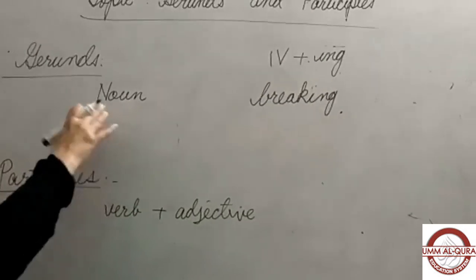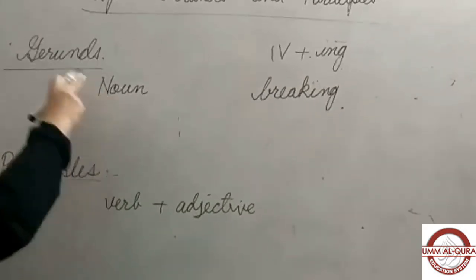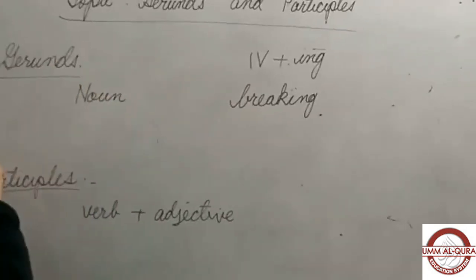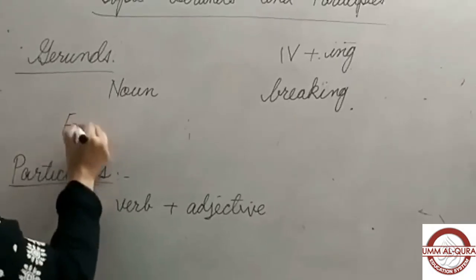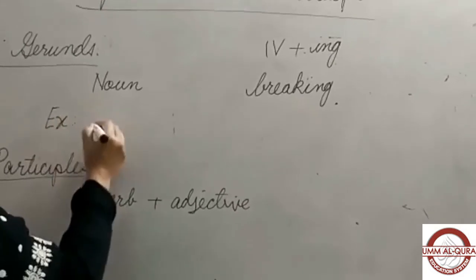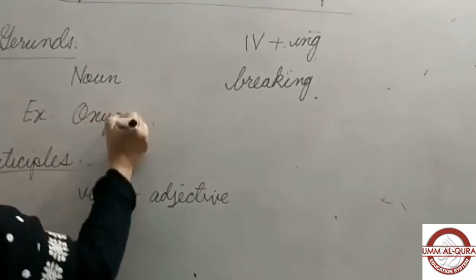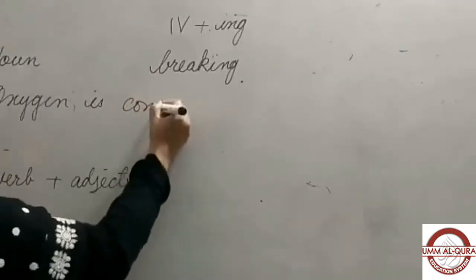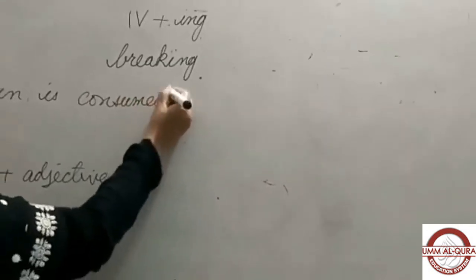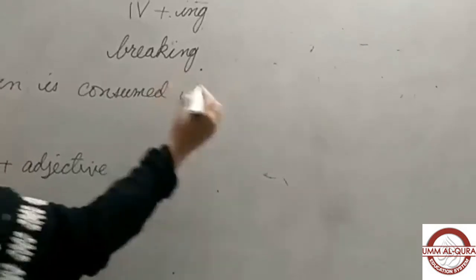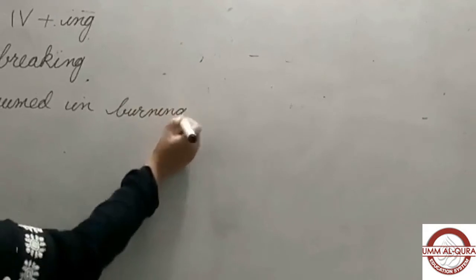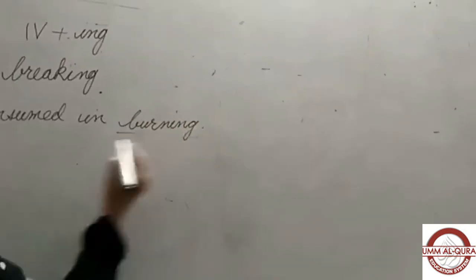Let me explain with the help of examples. Remember one more thing, activities are also considered gerunds. For example, oxygen is consumed in burning.